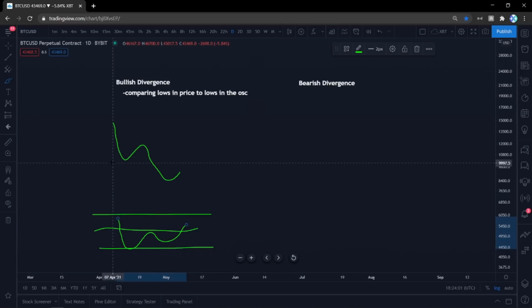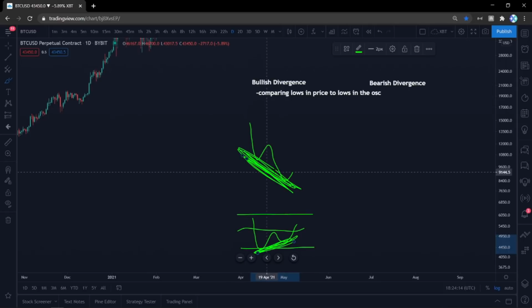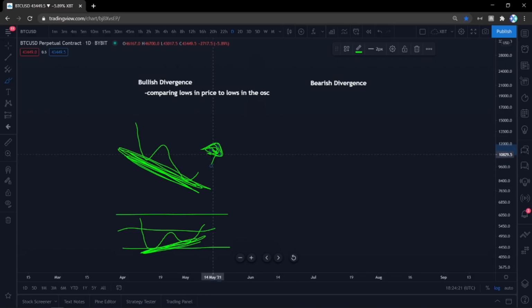So what we're going to see here is the price action going lower, but the oscillator going higher. And that's going to give us a kind of upward bounce potential that we need to enter long if we're in a larger uptrend.